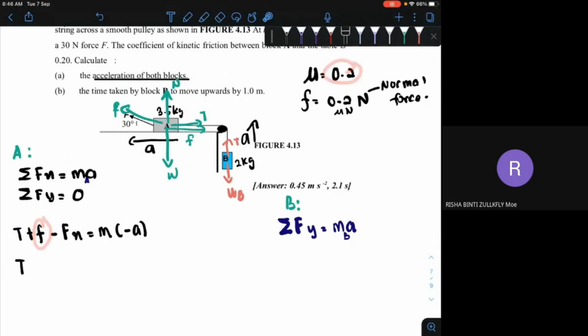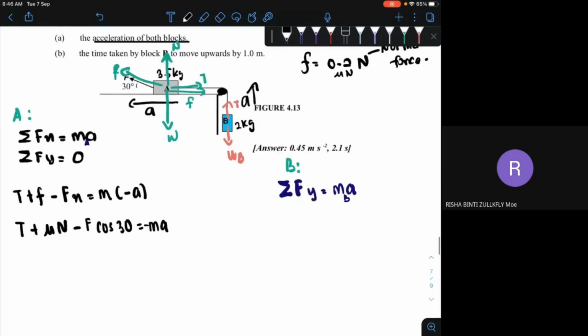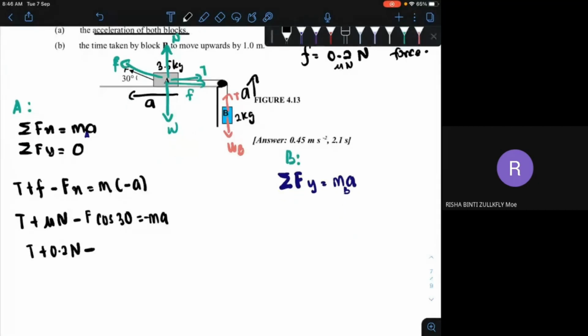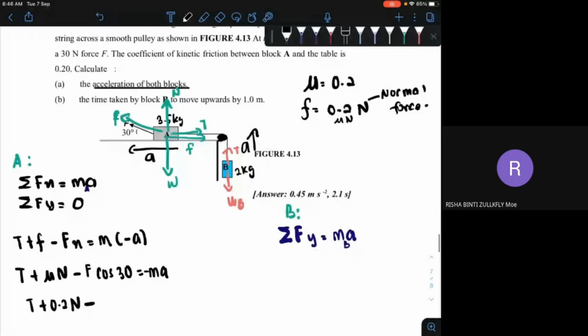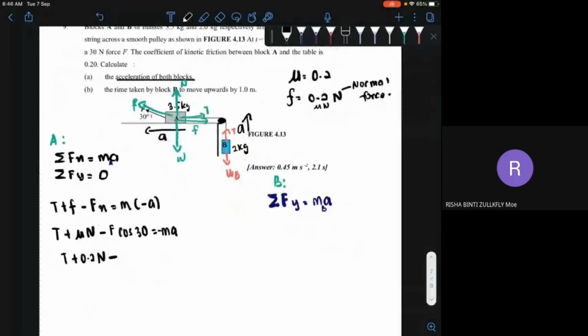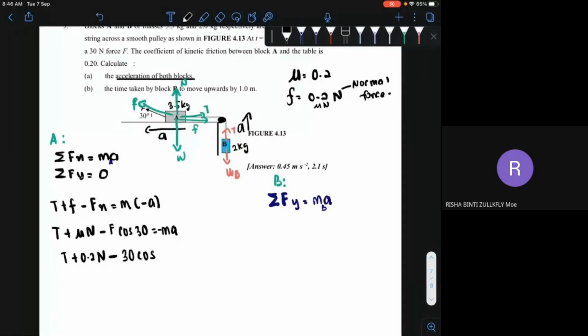So saya nak masukkan dia such as friction dekat sini adalah mu darab normal force minus ini akan jadi F cos 30 samakan dengan negative ma. So tension plus 0.2 normal force minus external force given to us such as 30 Newton cos 30 samakan dengan negative 3.5 a. 30 cos 30 ni boleh tekan kalkulator.